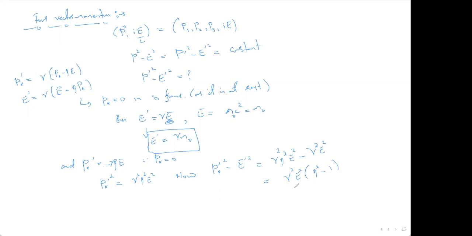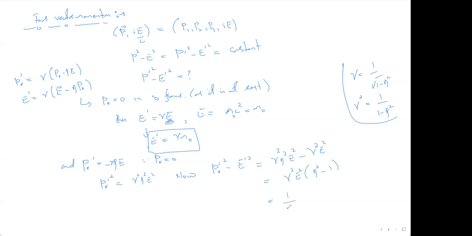Beta square minus 1. But you know that what is gamma? Gamma is 1 divided by under root of 1 minus beta square. V square by C square is beta square. So gamma square is 1 divided by 1 minus beta square, है ना?